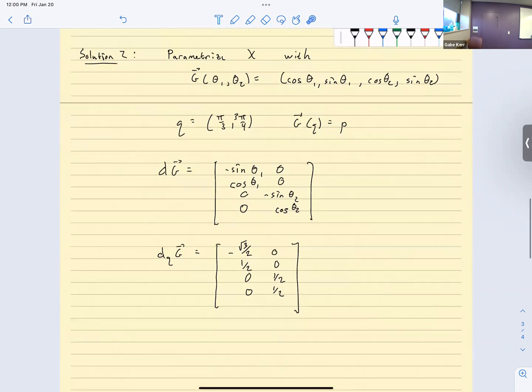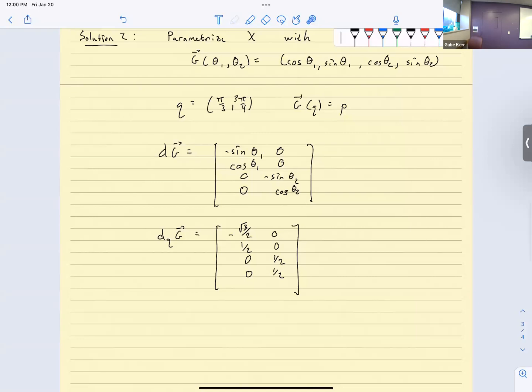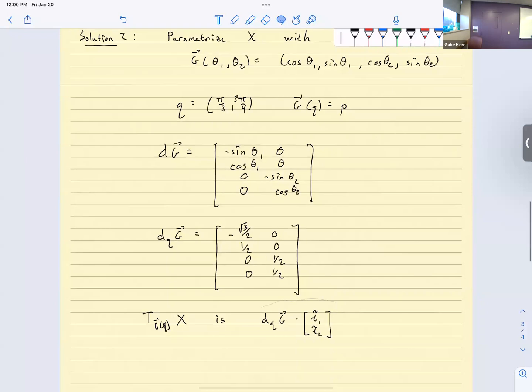In fact, the tangent space at P, or maybe I'll write it at G of Q, is parametrized. Let's distinguish from the other things.